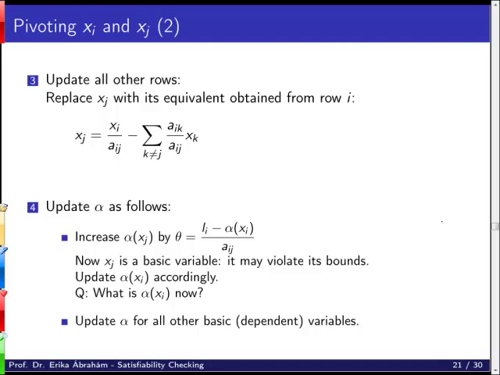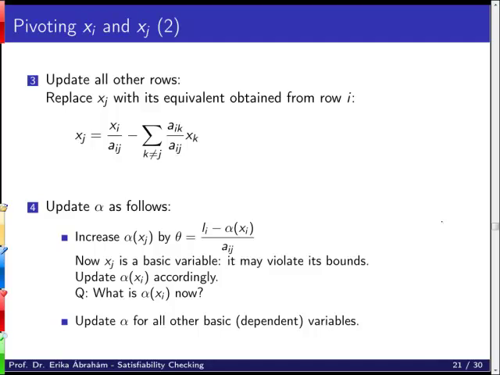We had the variable xi, li is the lower bound, this was the old value of xi, and this is the difference. I have to increase the value of xi with this difference. To do so, I compensate it with the value of xj. So I have to divide it by the coefficient of xj to get exactly this value, which I changed on the left-hand side of the old equation.